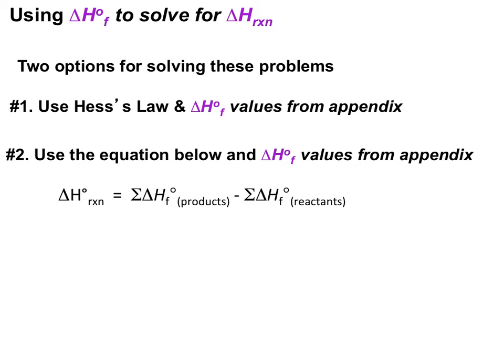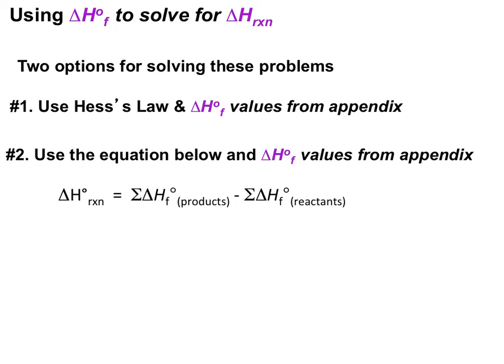Now, why do we even care about the enthalpy of formation values? Well, because we can make the correlation between our enthalpy of formation and our delta H of reaction, we can utilize the information from the tables in order to correlate these two. So there are 2 options for solving problems that correlate your enthalpy of formation and your enthalpy of reaction.